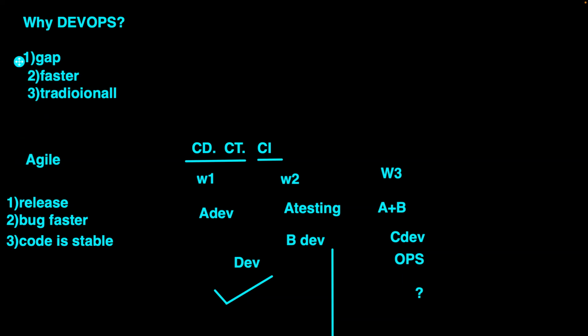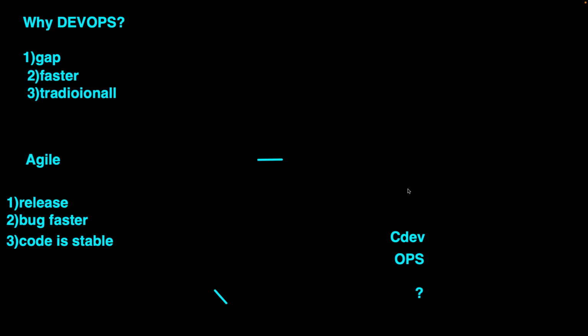In DevOps, we have continuous development, continuous testing, continuous integration, along with continuous deployment and continuous monitoring.